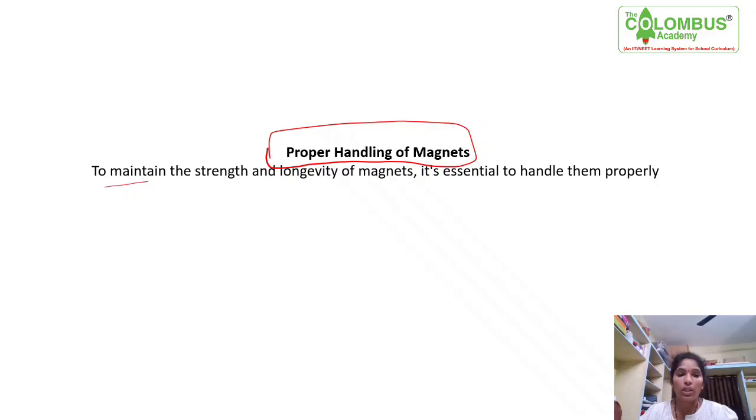To maintain the strength and longevity of magnets, it is essential to handle them properly. So what measures do we need to take to retain the magnetic property of a magnet?